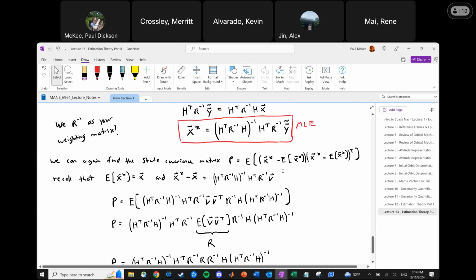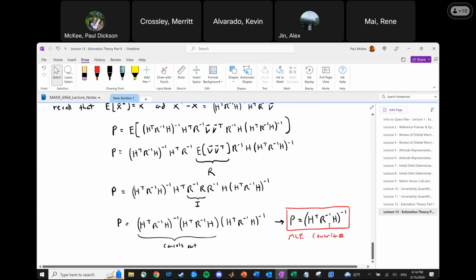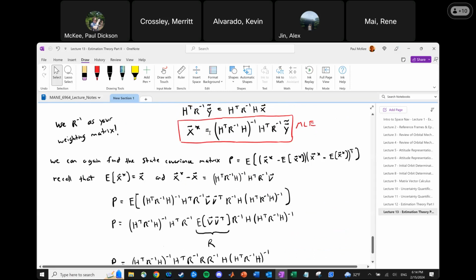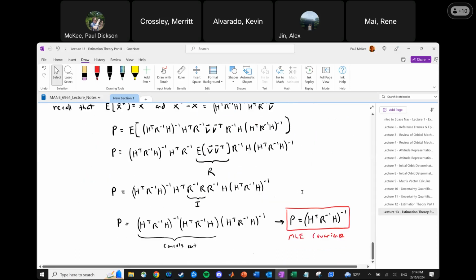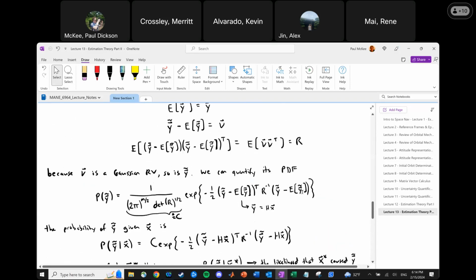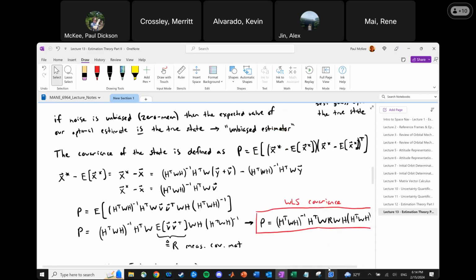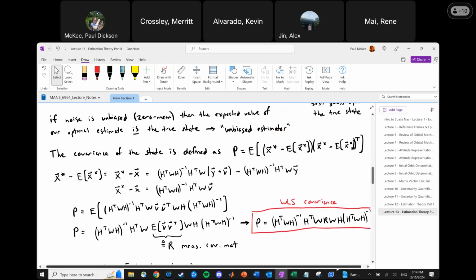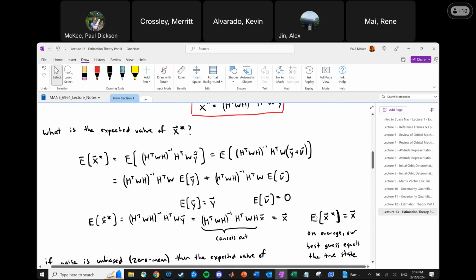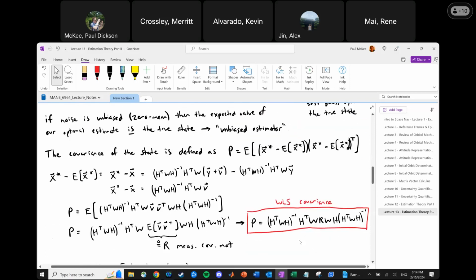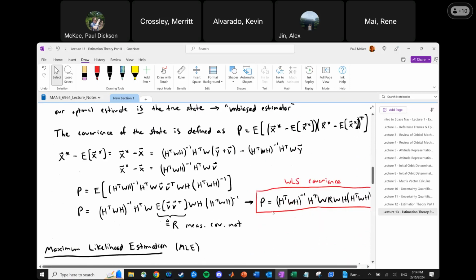Or you can compute the covariance and save that and use it as the first step when you're computing your X star. So they're nicely linked compared to if we go back up to P for the weighted least squares case, which is its own thing and related, but kind of ugly. So it's nice and simple by comparison.